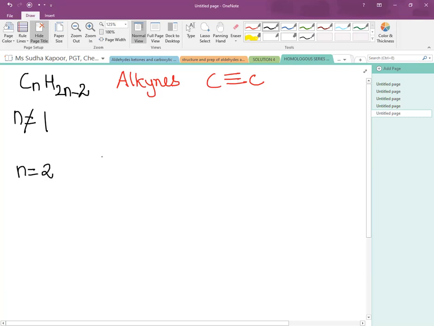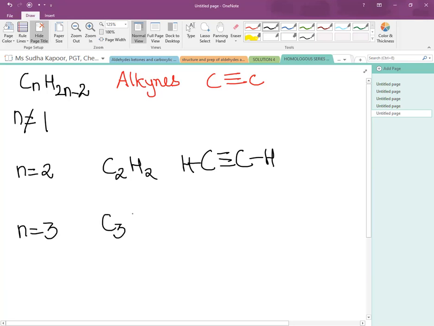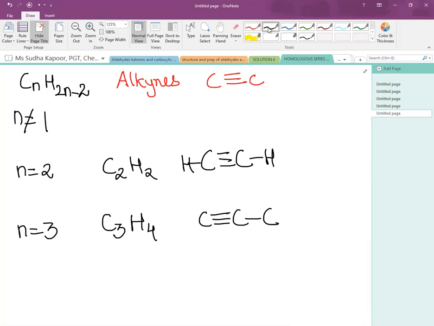If n is equal to 2, the formula becomes C2H2 and can be represented as both carbons attached with a triple bond and then 1 hydrogen on each. The formula is satisfied. If n is equal to 3, then the formula becomes C3, and substituting the value of n in the above formula, we get H4. So we will draw 3 carbons, and one bond is shown with the help of a triple bond.